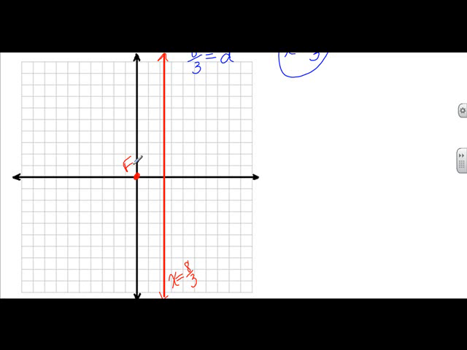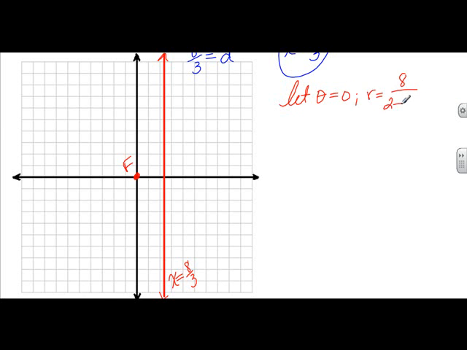So let's go about it this way. Let theta be equal to 0. If we do, r is equal to 8 over 2 plus 3 times 1. Cosine of 0 is 1. So r is equal to 8/5.